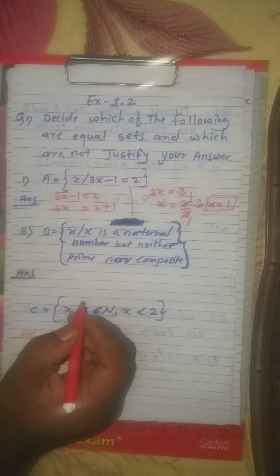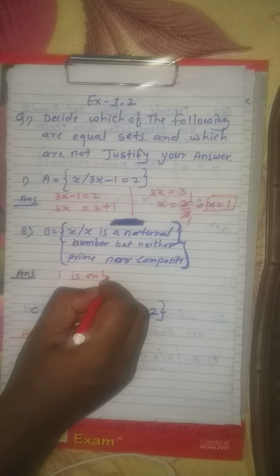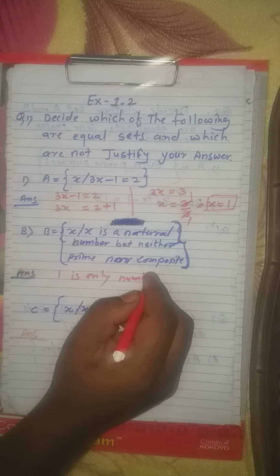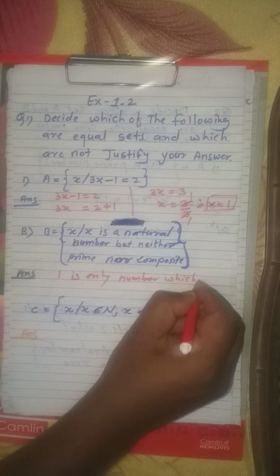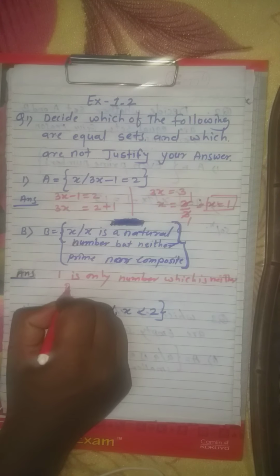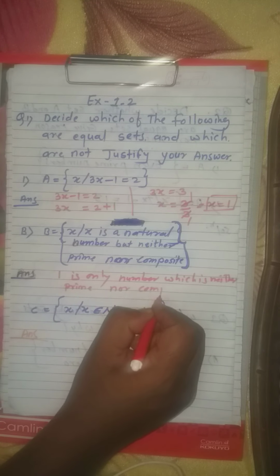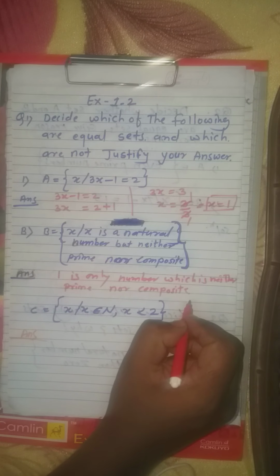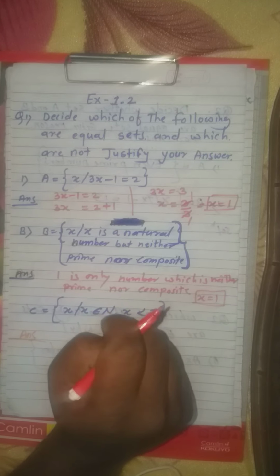Now 1 is the only number which is neither prime nor composite. So the second set has the answer x is equal to 1. That means A and B sets are equal.